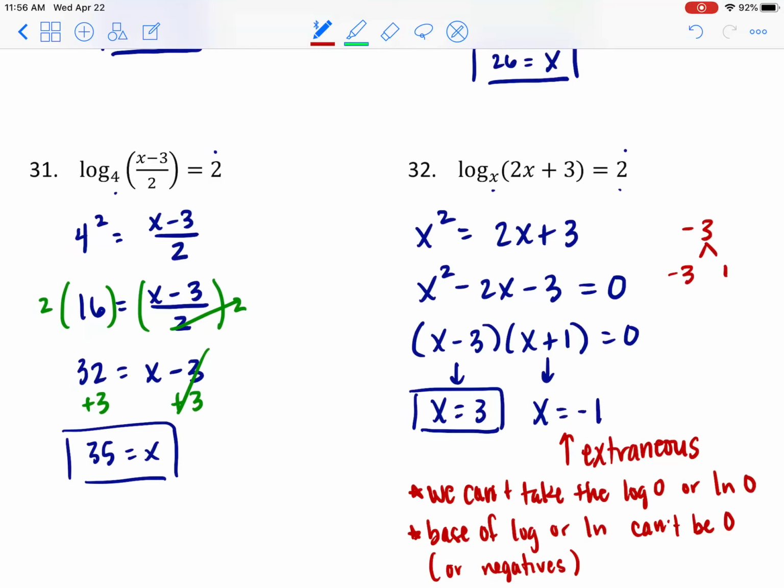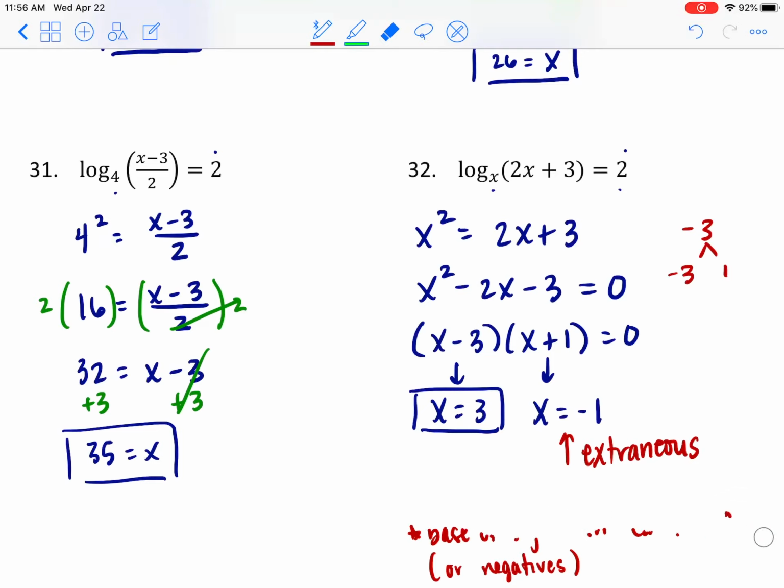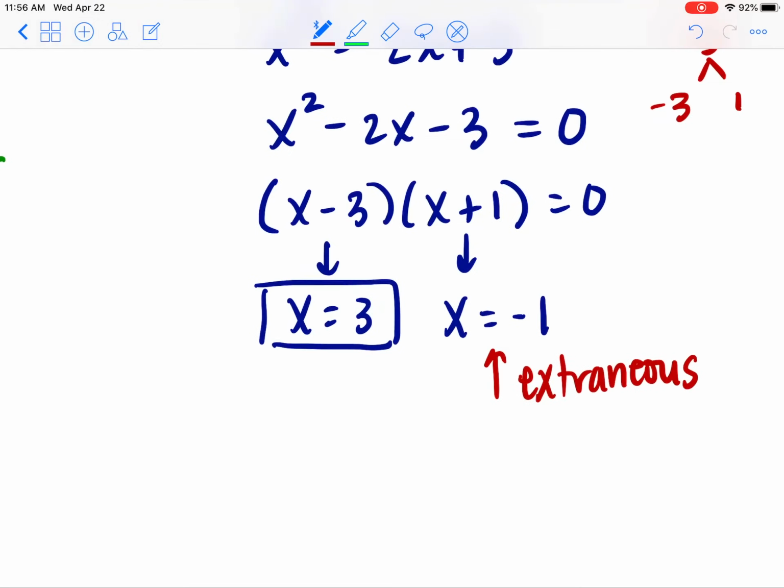Okay, so anywhere I put a 0, I can't take the log of 0 or the natural log of 0. I can't take the log of a negative or natural log of a negative, and the base of your log or natural log can't be negative, can't be 0. All these things are restrictions, and again, when we get to the functions, it'll be a little more clear as to why. So when you have zeros or negatives in your argument or in your base, that's no good.